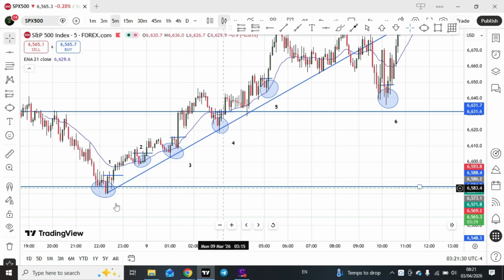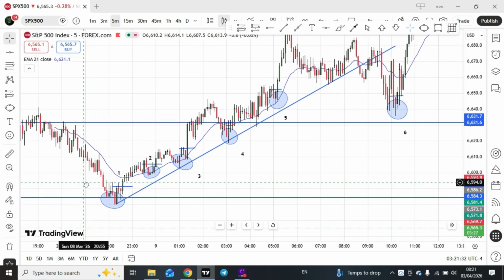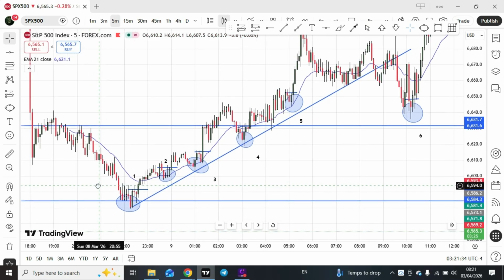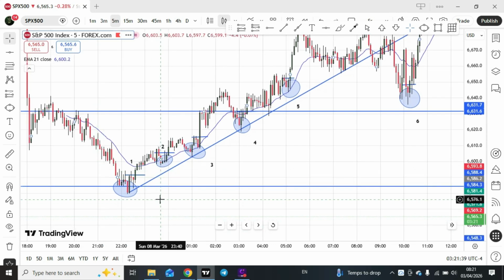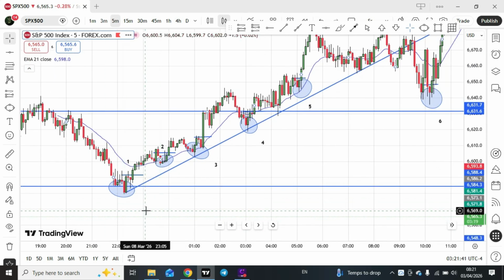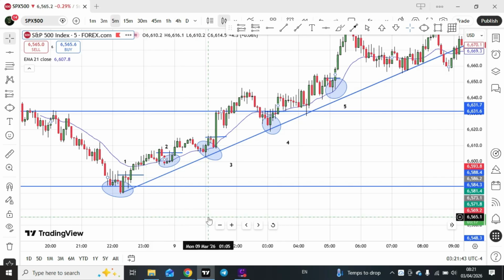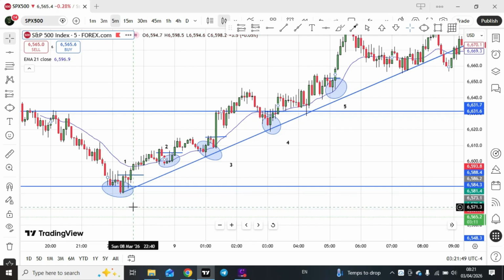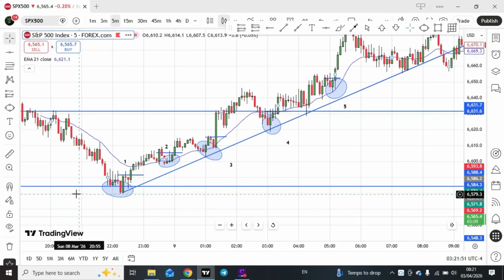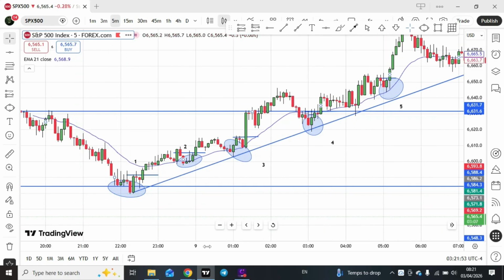As you can see, price went down. Price came from a high place and reached a strong support area, a very strong support area at 6,580. When price reached this place, it reacted really well, and it's a failed break lower.